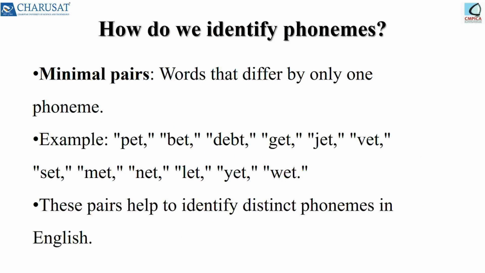How? What is the trick? How do we identify phonemes? We identify phonemes through minimal pairs, right? So, over here you find the words pet, bet, det, get, jet, wet. You might find that they are rhyming, right?